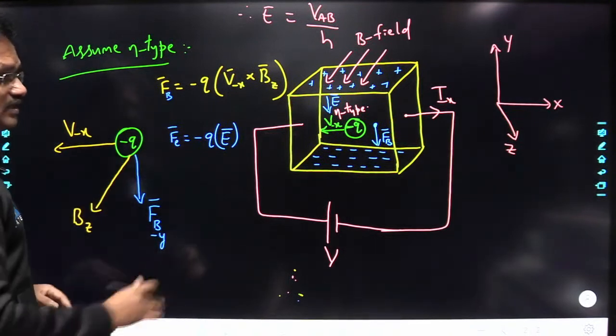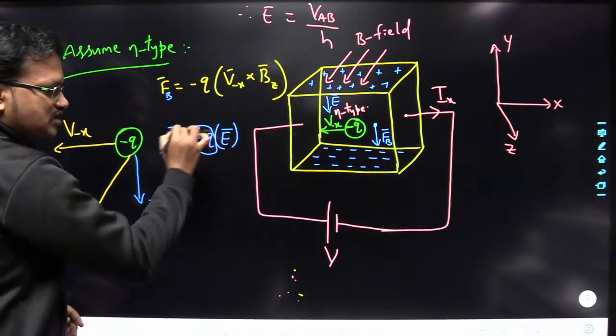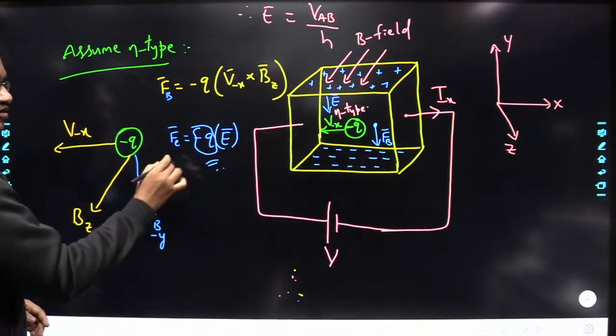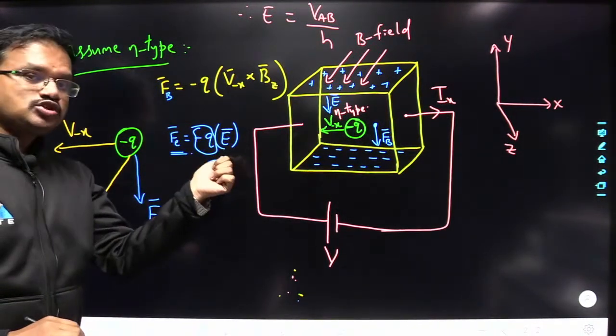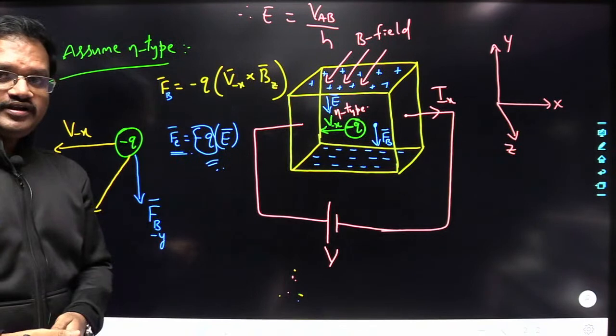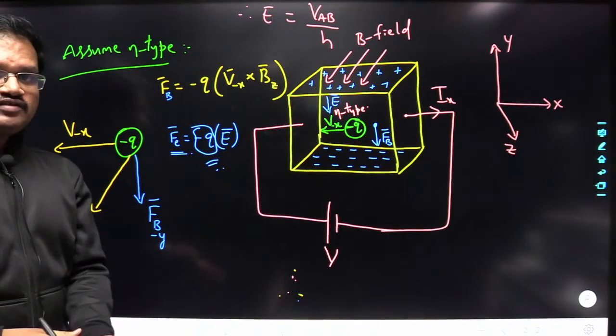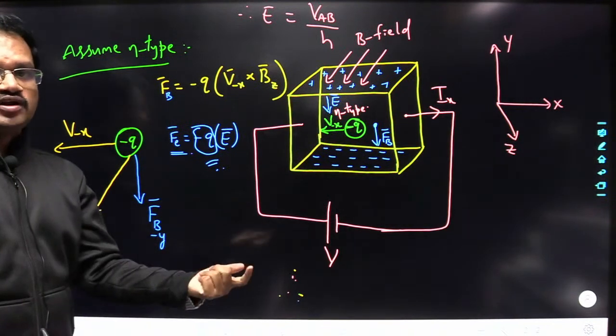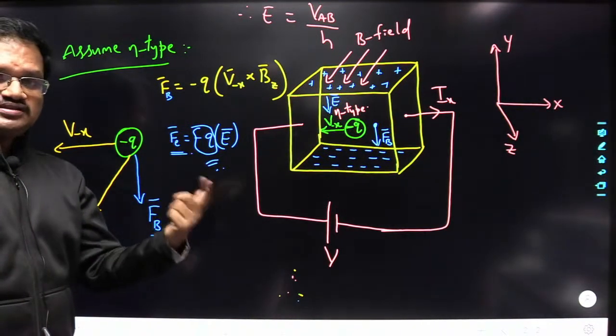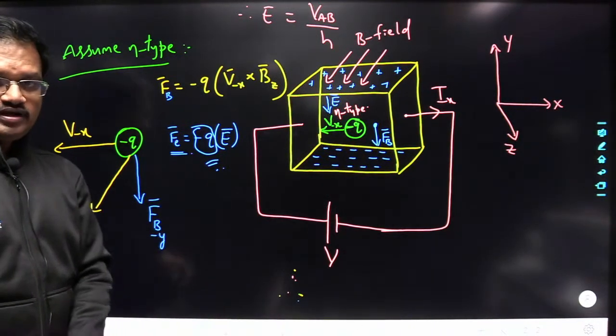So that means the negative charge carriers are going to experience the force in a direction opposite to what? Opposite to electric field. Yes or no here? Yesterday itself I have told, if it is positive charge carriers, the direction in which they are going to experience the force is same as what? Is same as the direction of electric field. Yes or no?